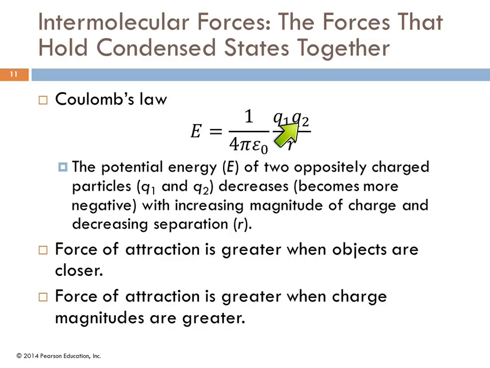If we go from +1 and -1 to +2 and -2, this will go from a product of 1 up here to 4. So it will be 4 times as large in magnitude. And decreasing the separation will cause this to become larger in magnitude. So the force of attraction is greater when objects are close and when the charges are greater.